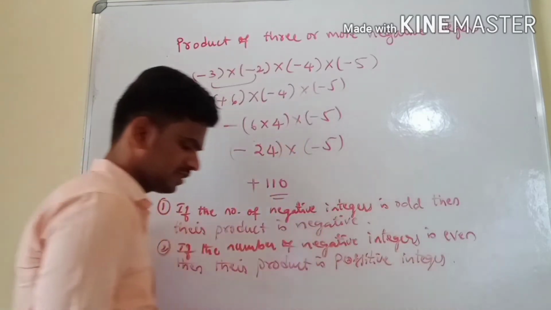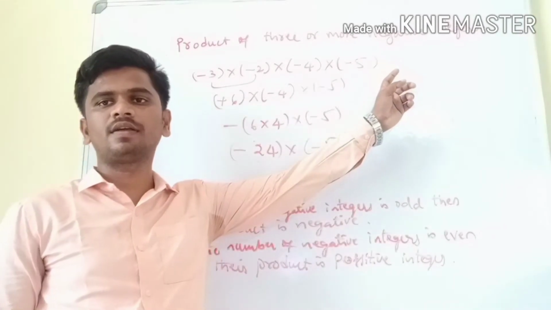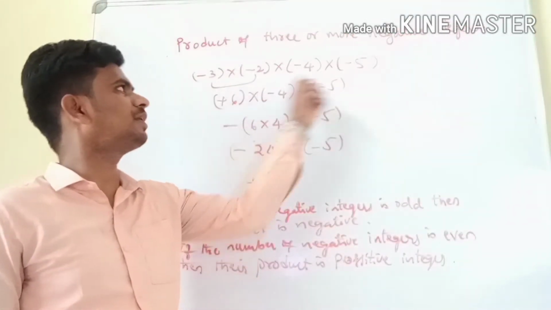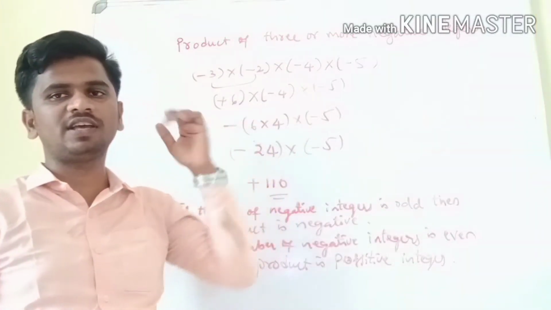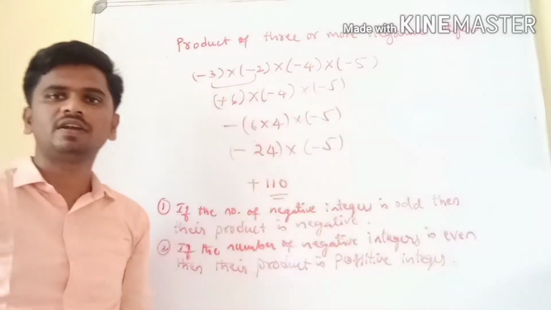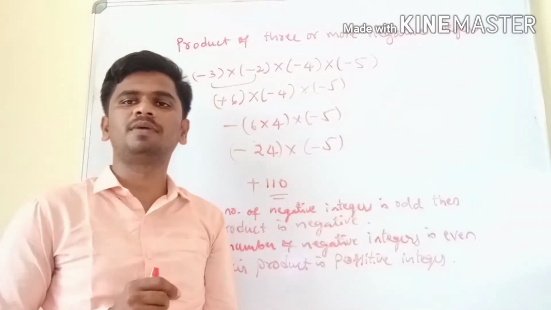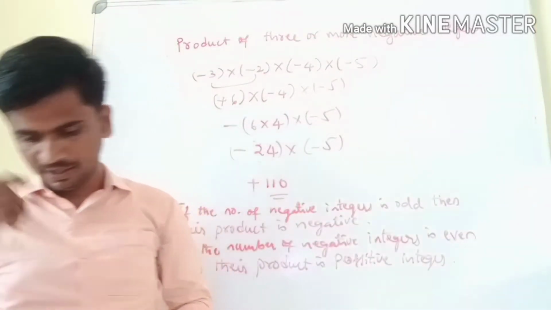Because see, this is the example. You considered 4 negative integers, but their product is a positive integer. How many negative numbers have we considered here? 4 negative numbers, and 4 is an even number. That's why if you consider an even number of negative numbers, then their product is obviously a positive integer.